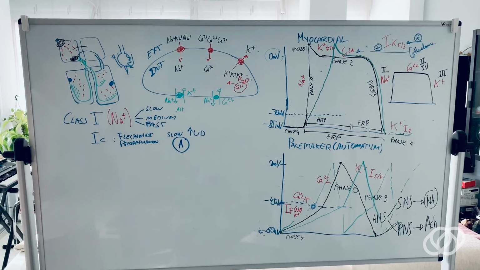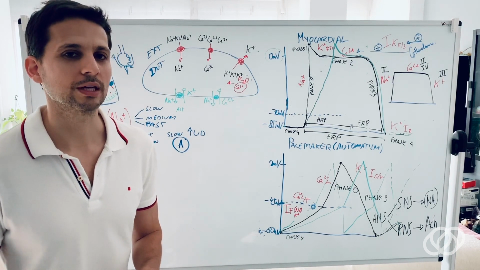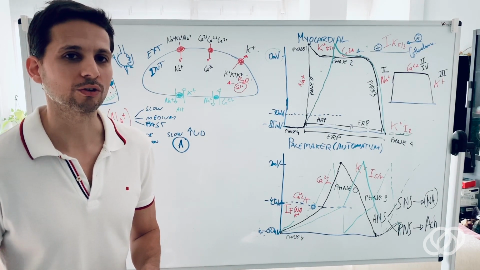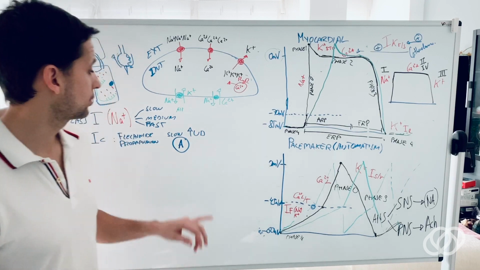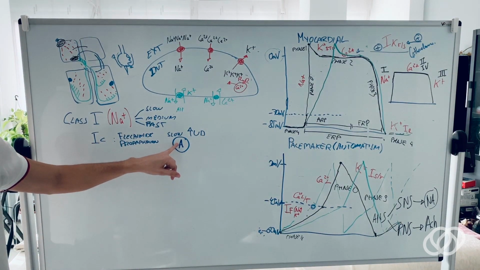For atrial arrhythmias, mainly atrial tachycardias, also atrial fibrillation, because atrial fibrillation usually has its onset on atrial ectopies. That's why they are very useful for atrial arrhythmias.